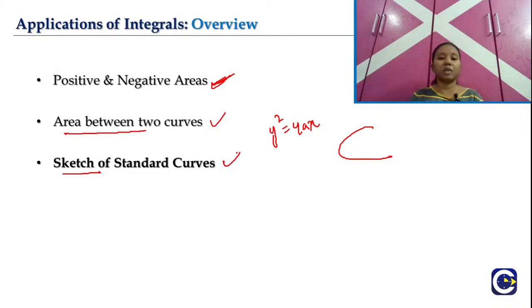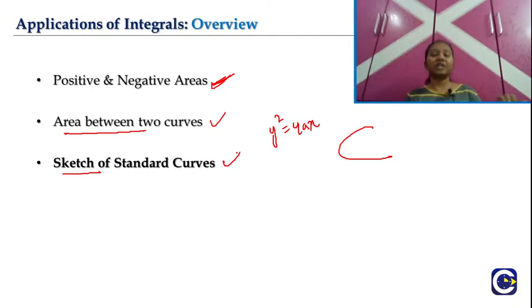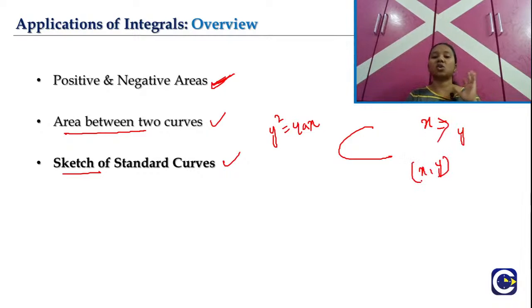Once we have the shape of the curve, it's easy to find the intersection, because by solving both of the curves or conditions given, we can easily figure out the intersection points. So our main thing first will be drawing the sketch. Initially we followed the old method, where we take some x value, substitute it in our curve, and get the corresponding y value, which gives a point x, y on the curve.